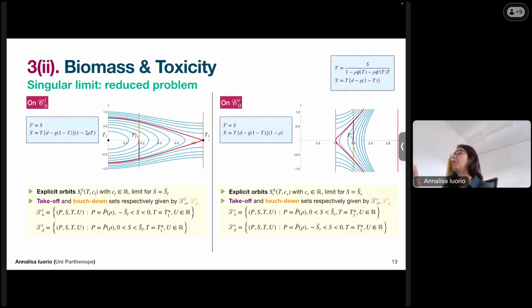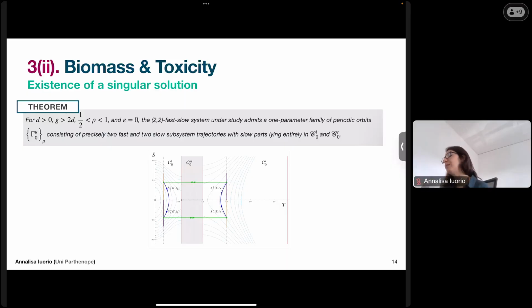Then we are allowed to follow the slow flow until we are allowed to leave again. And this is what finally gives us our periodic orbit as a singular solution. So the singular skeleton for our real solution in TS space would look like this.